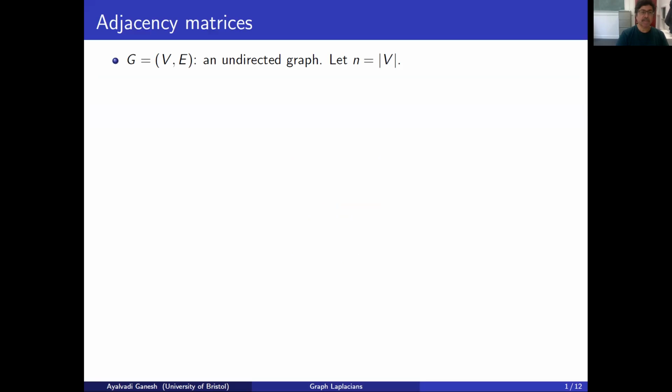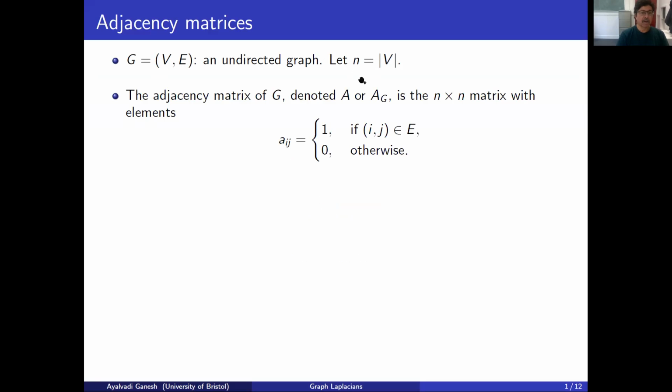Let's start with adjacency matrices. So G is going to denote an undirected graph. It has vertex set V and edge set E, and the number of vertices is given by n. The adjacency matrix of this graph, which we'll denote by A, and we'll subscript it by G if we want to make it clear which graph we are referring to.